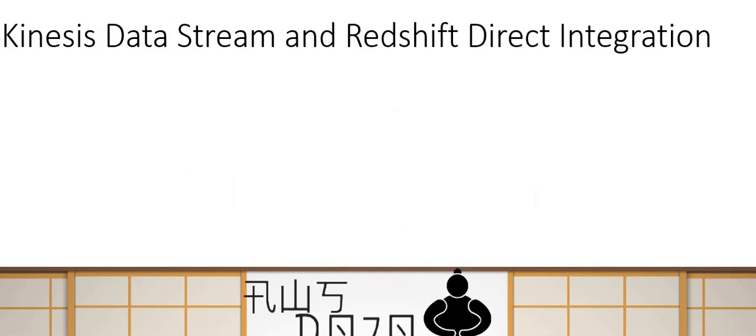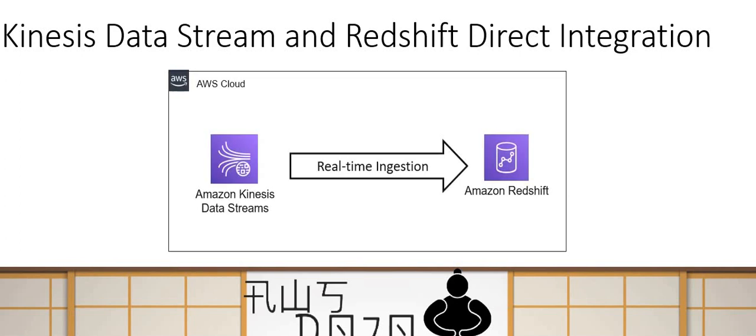But what we want to achieve here is direct integration between Kinesis data stream and Redshift. And it could be in the scenario where you want your real-time streaming data to be ingested into Amazon Redshift for certain analytics purposes.